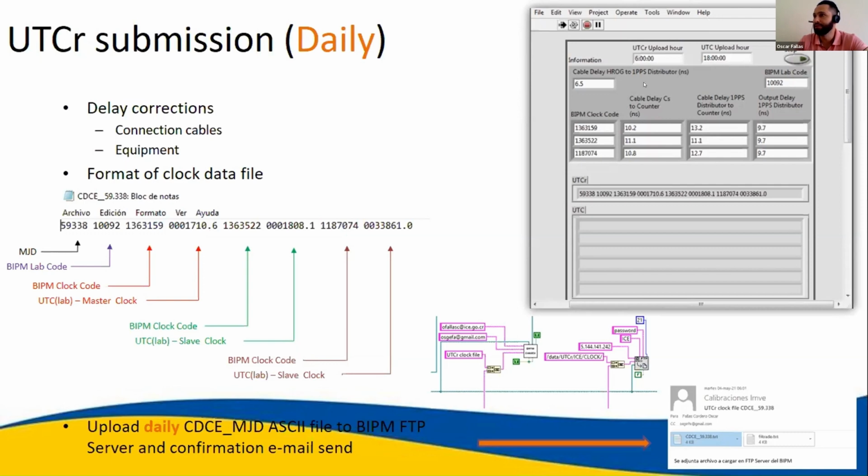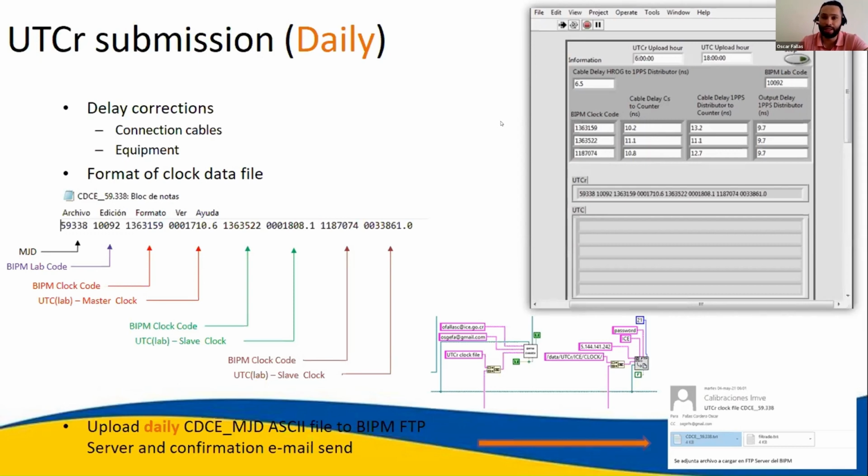As you can see here, we take into consideration the delay of the cable coming from the distributor, the cable delays from the distributor to each frequency counter, the output delay of the distributor, each channel, and also the cable delay from the system to the counter. Also, the BIPM lab code and BIPM clock codes are considered.